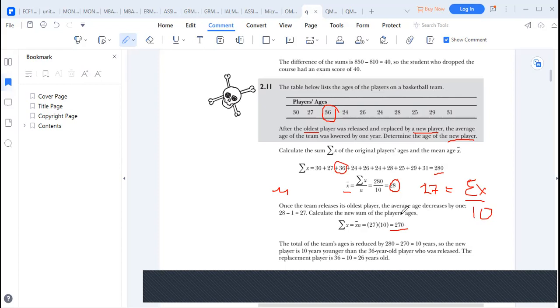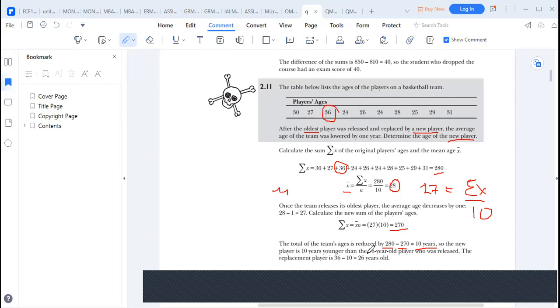So 270, now the difference between these two is the age difference between the older and the new young player. So if we subtract 280 minus 270, it means the oldest player was older by 10 years. So meaning if the oldest was 36, the younger player must be less by 10 years.